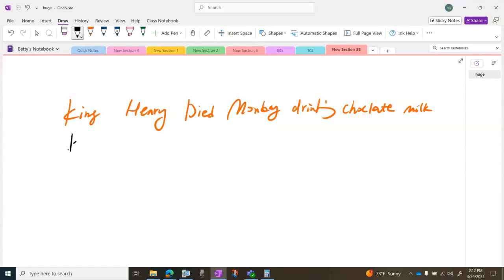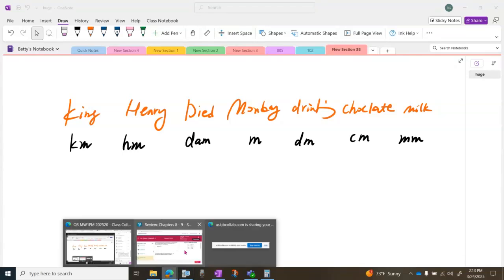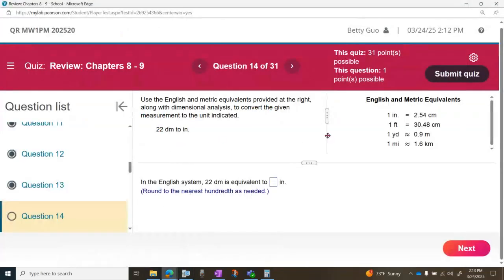So this is km, this is hm, hecto, this is dam, okay? Drinking is dm, decimeter. This is meter, the basic unit, cm, and this is millimeter. You need to know this chart. From decimeter to inch, we are not given the equivalence between decimeter and inch, so we need to build a bridge. The bridge is going to be the centimeter.